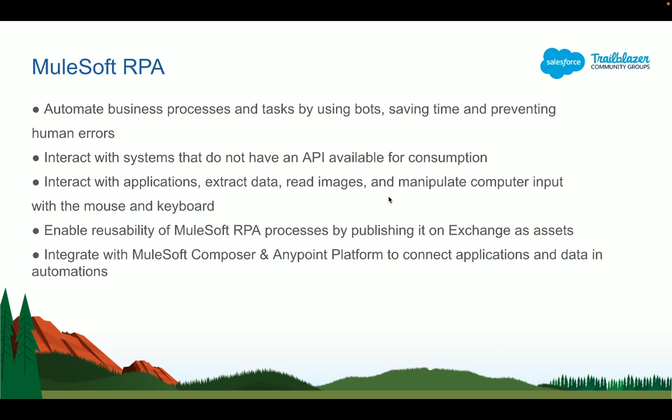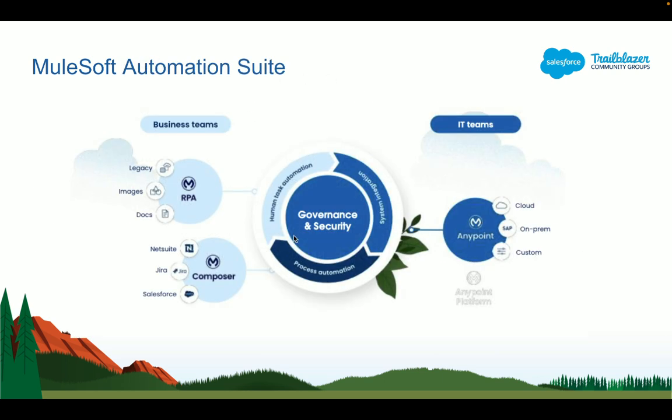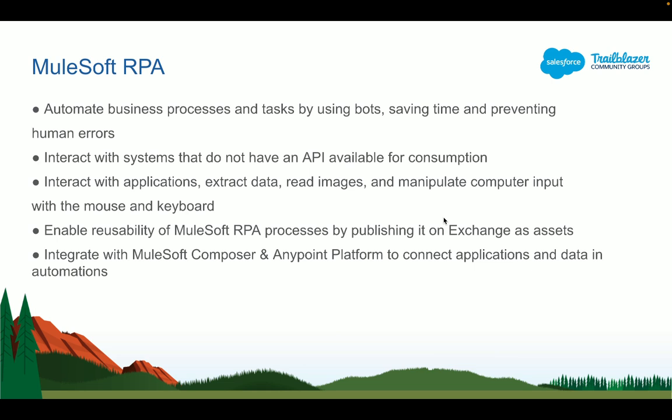Now, as I said before, it's an automation suite, right? MuleSoft RPA, Composer, and Anypoint together form an automation suite. In order to have a greater ROI, we can use these products together. We can publish our RPA to our Anypoint Platform as assets on Anypoint Exchange, and from there, we can consume these RPA bots at scale.